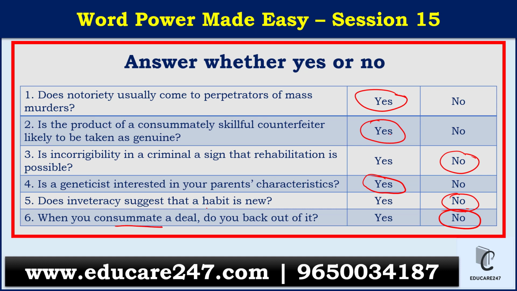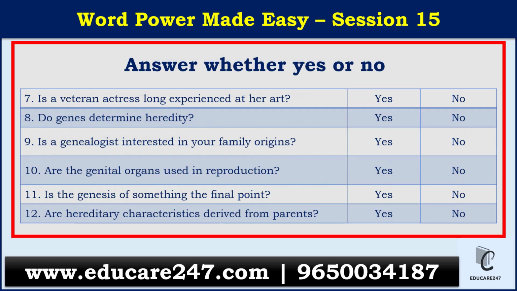So if you're making a perfect deal, why will you back out of it? So definitely not. So is a veteran actress long experienced in her art? So definitely yes, veteran is definitely someone who is old and is well established. So definitely she is long experienced at her art.